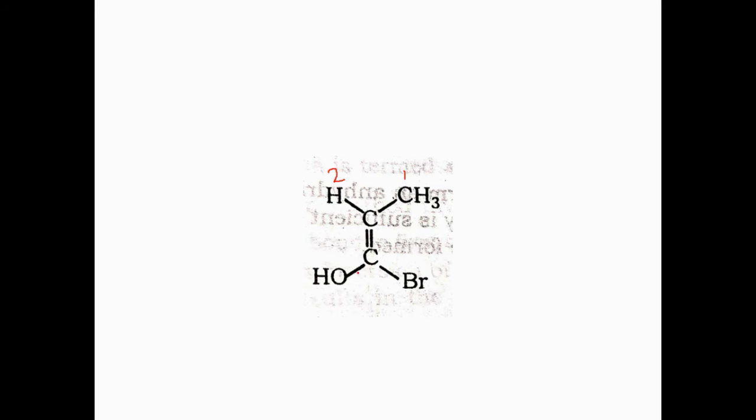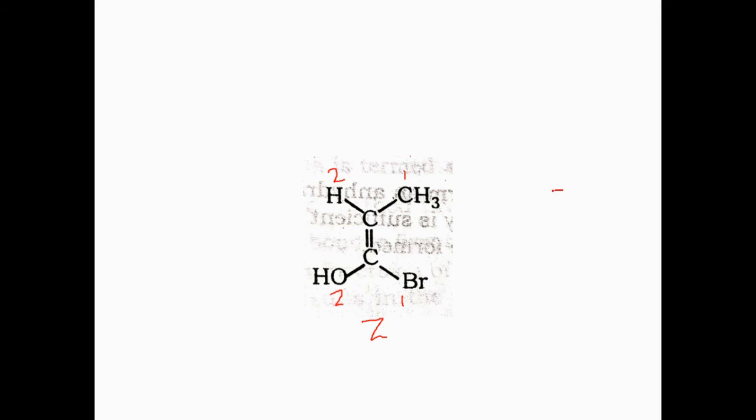The atomic number of oxygen is 8 and bromine is 35, so we give priority 1 for bromine and 2 for oxygen. Here the same priorities are arranged on the same side of the double bonded carbon atom. So this configuration is Z.